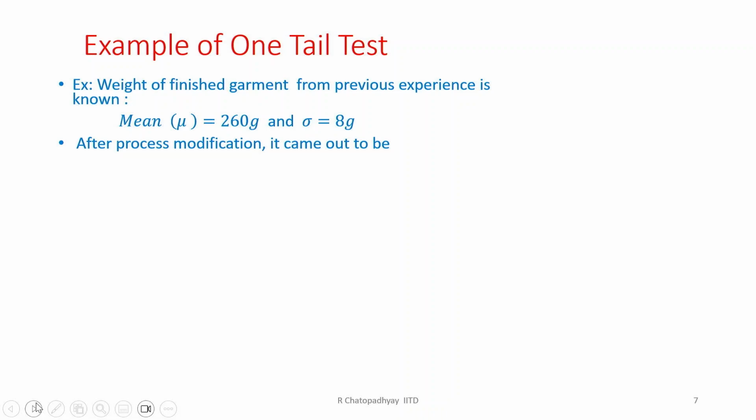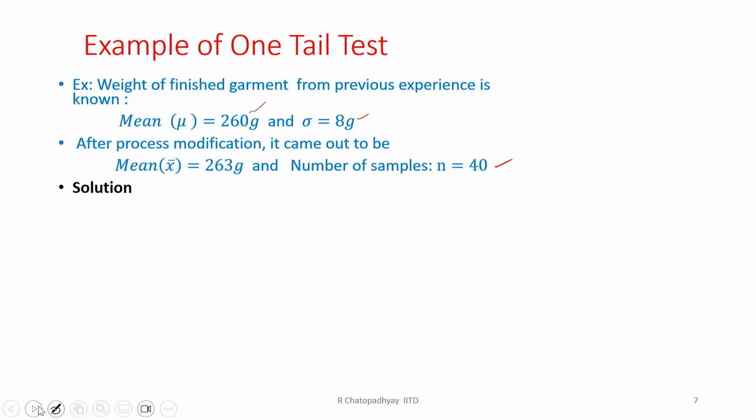From previous experience, the mean value is known to us and this is the standard deviation value. This is based on past experience, or on the past data that we have in a particular industry, let us say. After process modifications, the sample mean came out to be 263 gram, and the number of samples is 40.